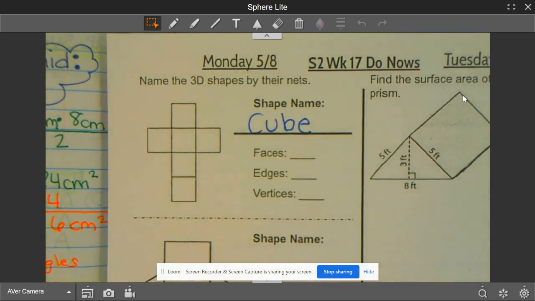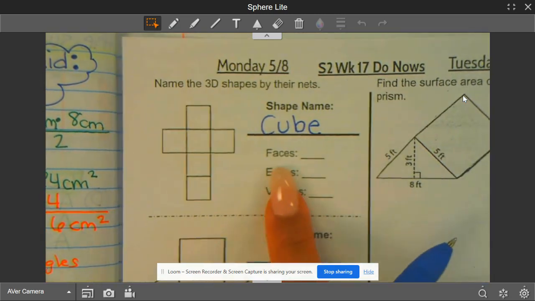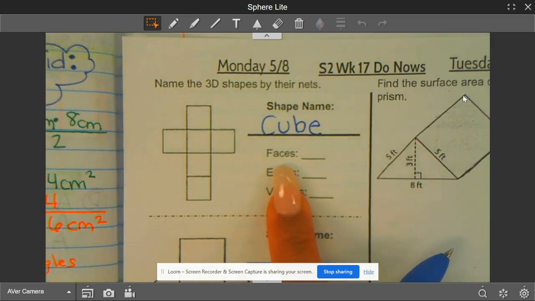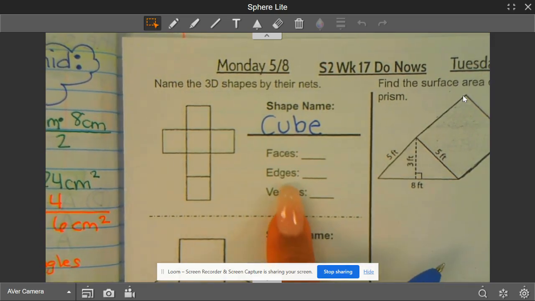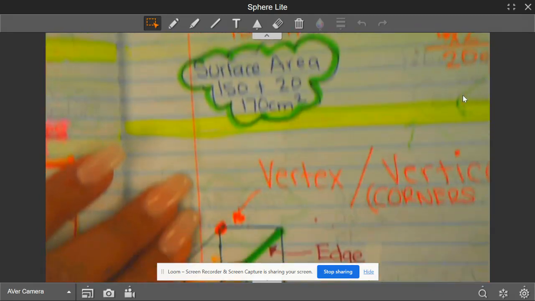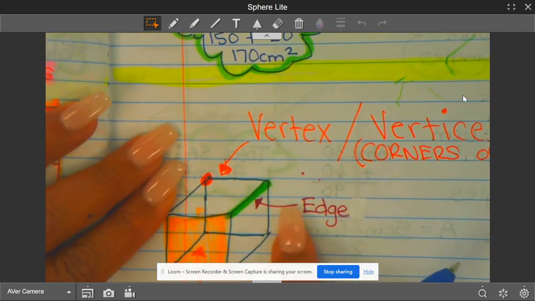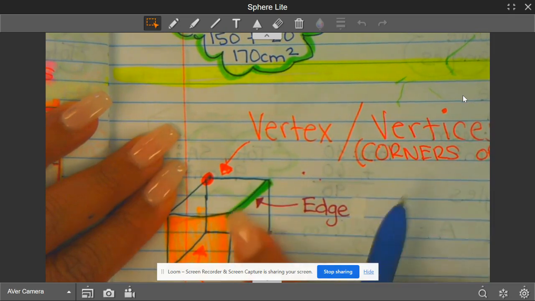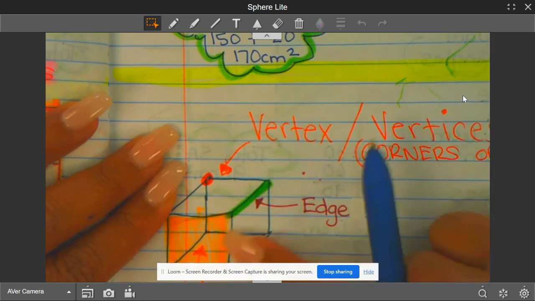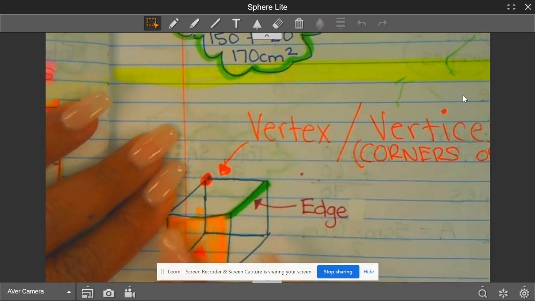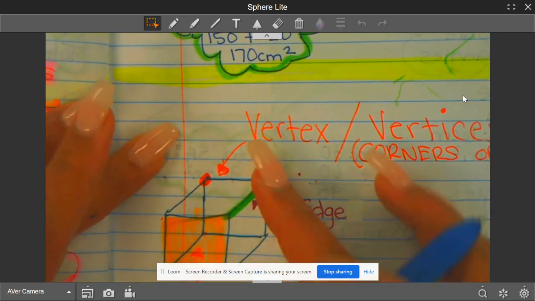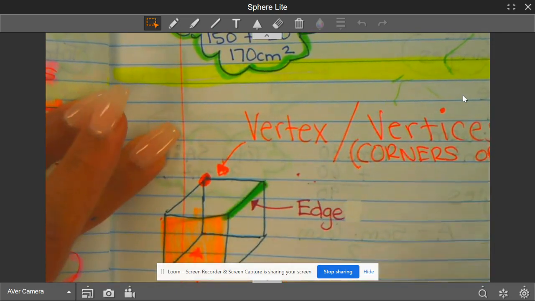All right. And on Friday, we learned about these terms, faces, edges, and vertices. So if we look at the previous page, vertices are the points. Edges are these lines here, up and down, side to side. And faces is the front, back, sides, top, and bottom.